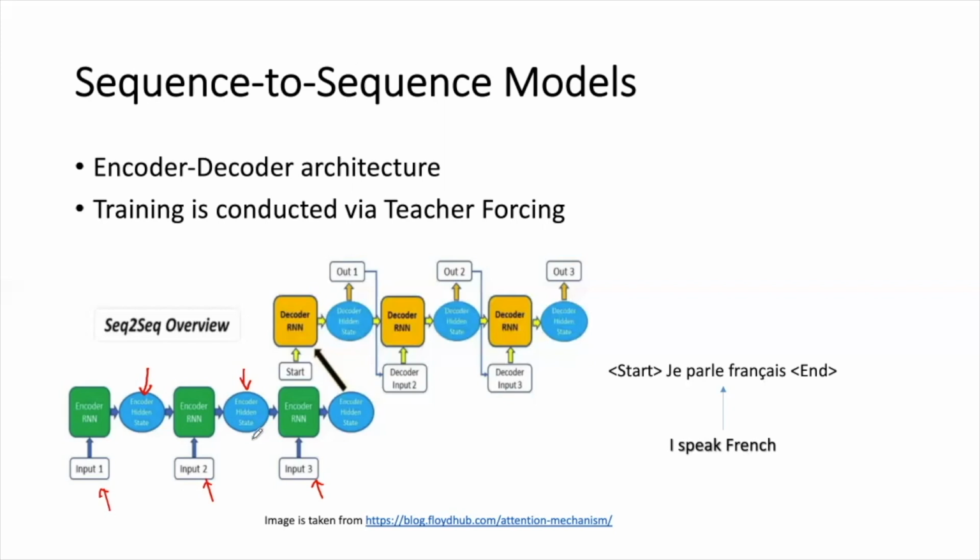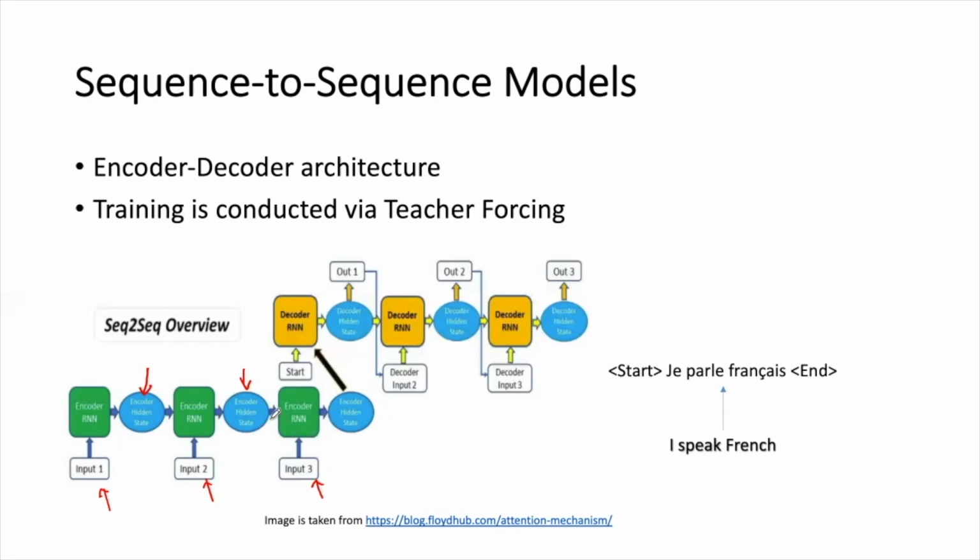In terms of the intuition, the encoder hidden state for the second input word is supposed to contain the information of all the words that have occurred previously. In general, any encoder hidden state captures the words that have occurred previously. That's the intuition behind the encoder hidden state. It basically provides the entire context of all the words that have occurred previously.